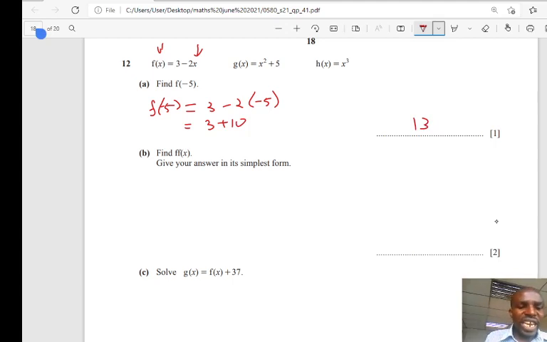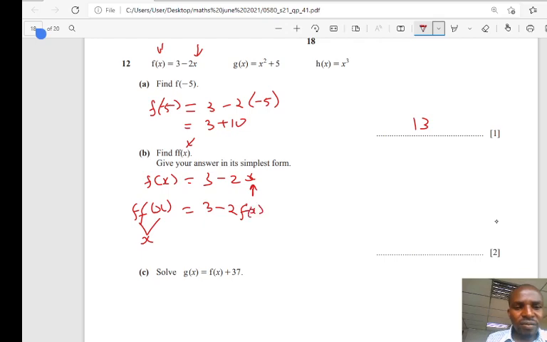Next, f of f of x. On this one we take f, which is f of x, which is 3 minus 2x. So where there is x in f of x, you put f of x. So it's more like f times f of x, so f of x is now representing our x. So it will be 3 minus 2 times f of x. Where there is x, you put f of x.